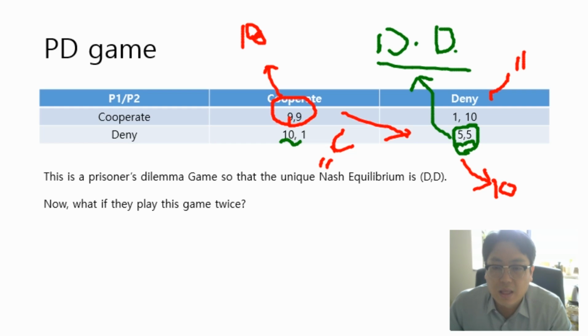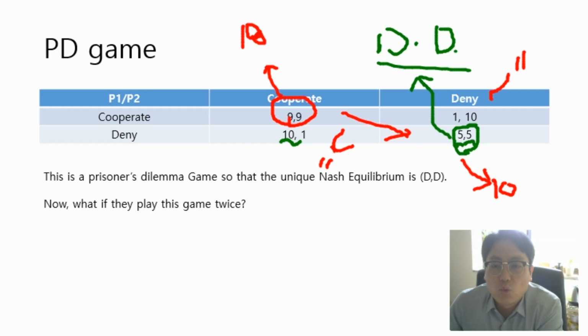Adam Smith said that if all people focus on their own egoistic payoff, then in the end society's well-being will be maximized. However, here, even though they just focus on their own payoff and choose what maximizes it, they end up just choosing deny and deny. That's all.